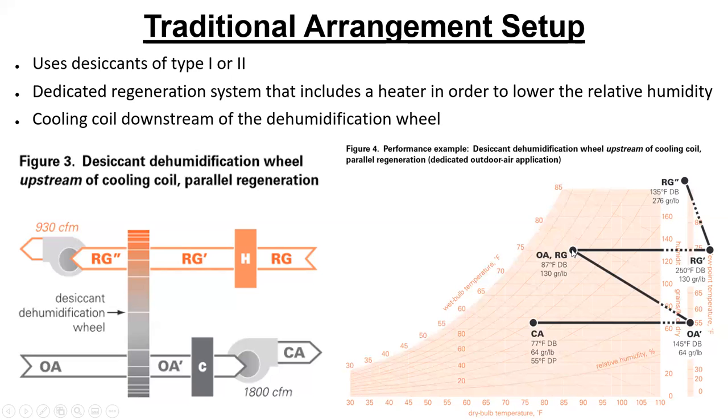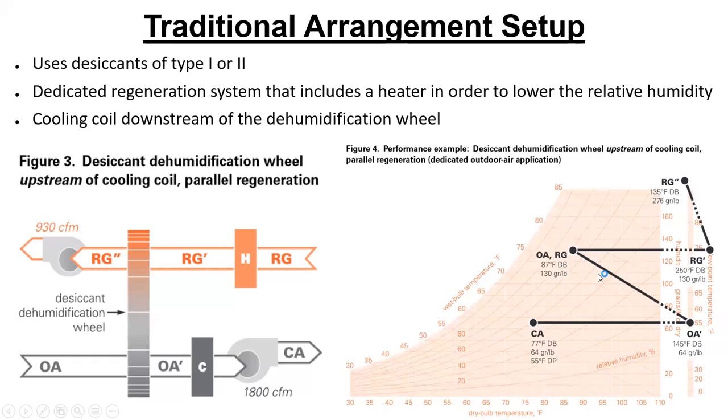So you see that when we go from OA, which is just outside air, to OA prime across the desiccant wheel, guess what? We get dry, going from 130 down to 64 grains.